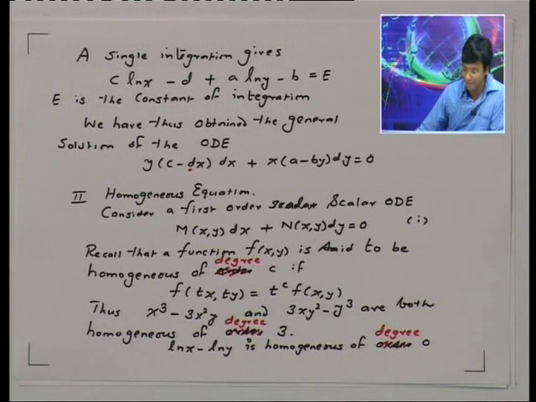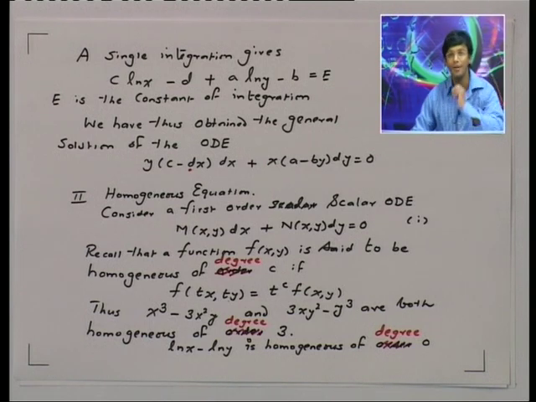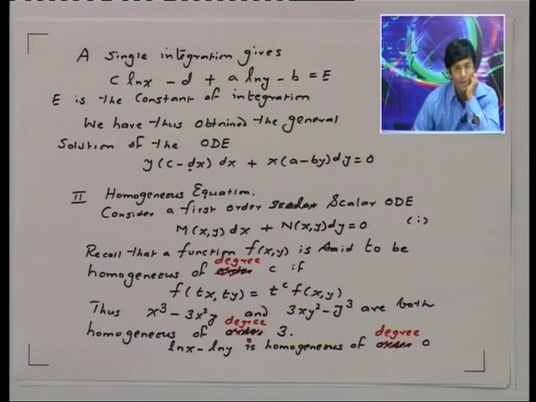Another type of differential equation of first order is a homogeneous equation. This is also something that you are probably familiar with, but this is more interesting and less trivial. So, consider the first order scalar ODE m dx plus n dy equal to 0, where m and n are functions of x and y. When is a function of two variables said to be homogeneous?